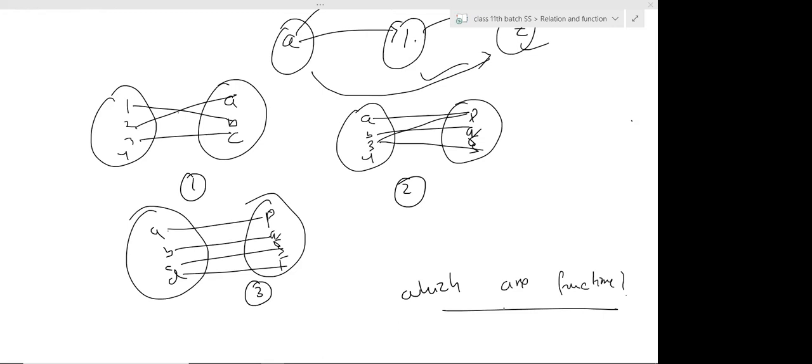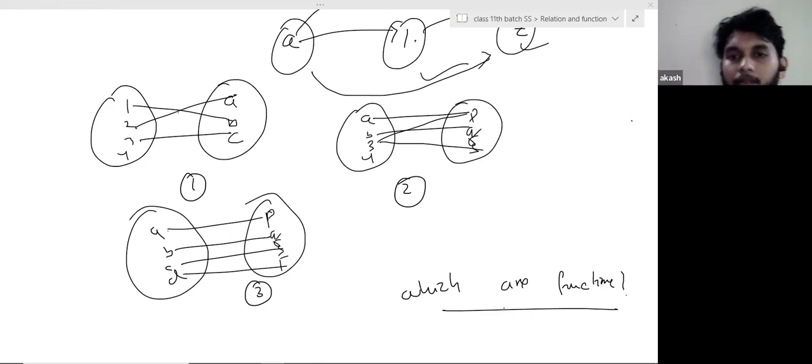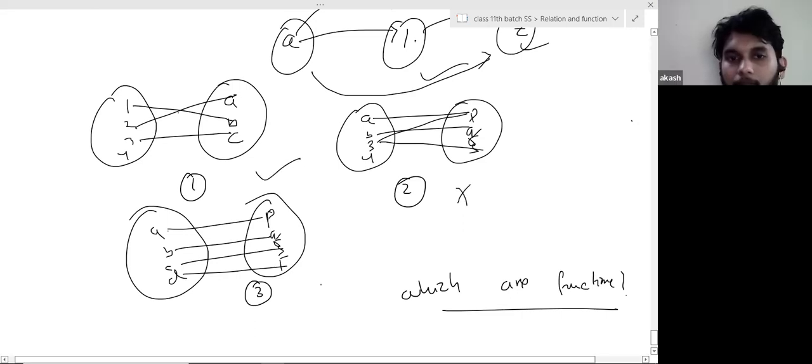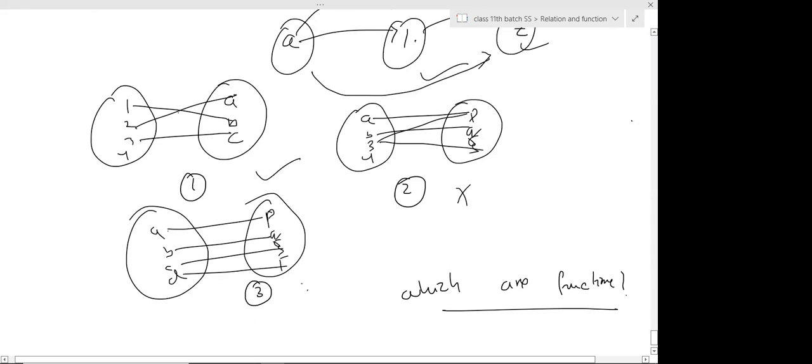So what to do? Which are functions? The first is a function, second is not, and third is a function. First is a function, second is not a function, and third is a function.